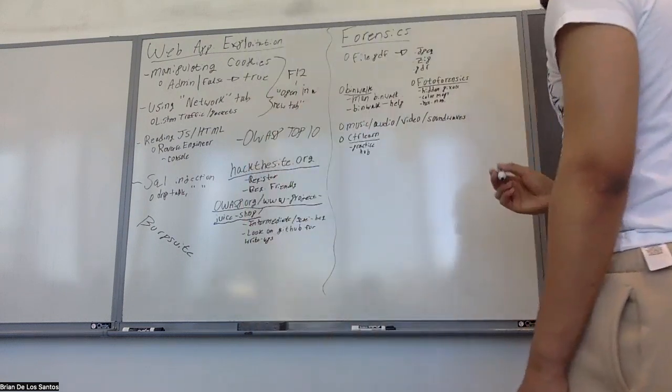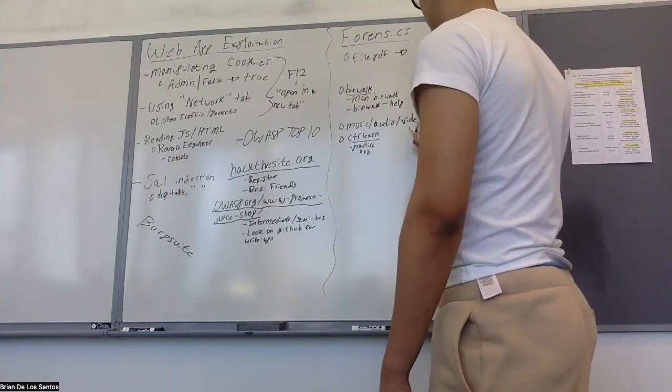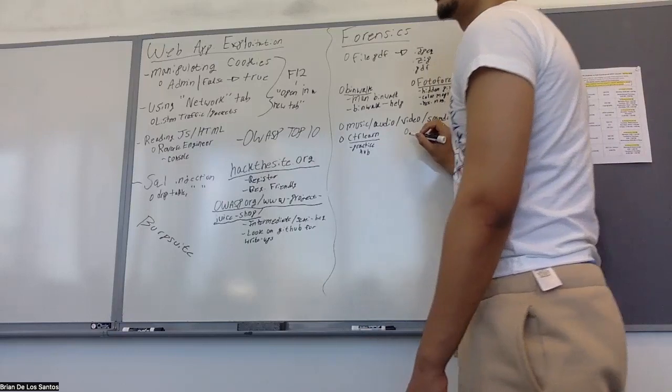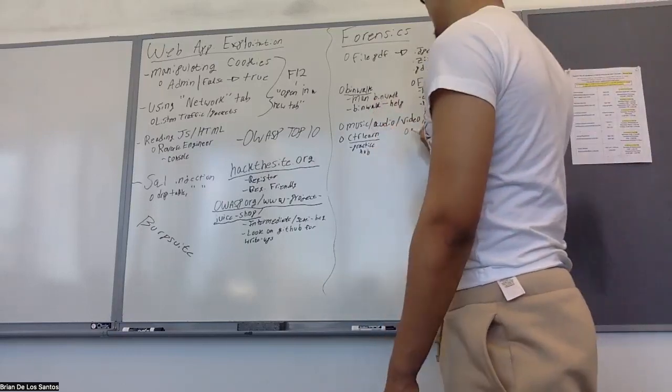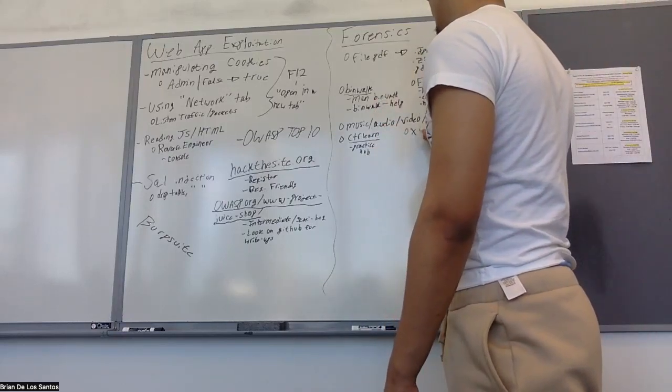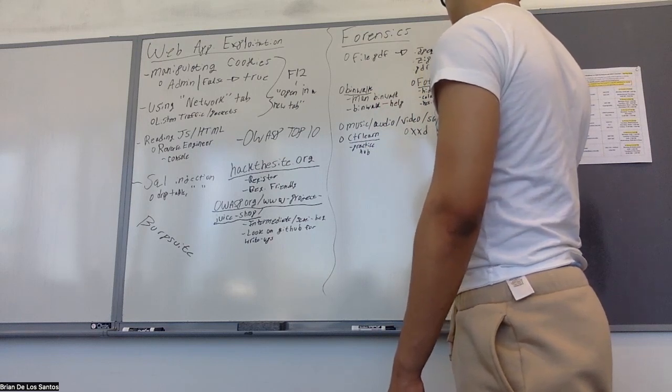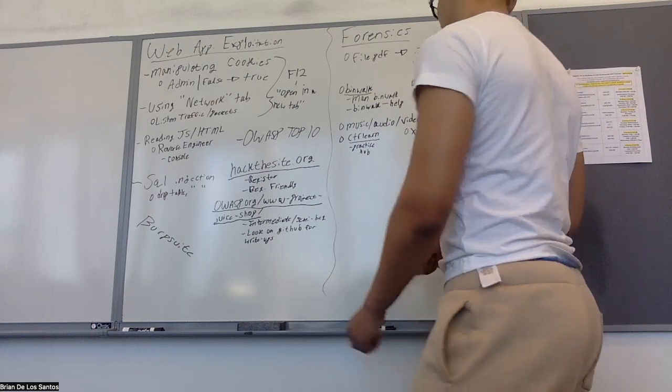And some other things to note when dealing with forensics, especially with files that you're unfamiliar with that don't have an extension. What you can do is look at the hex of that file, and use a command on Linux called xxd, and then right afterwards head and the file.